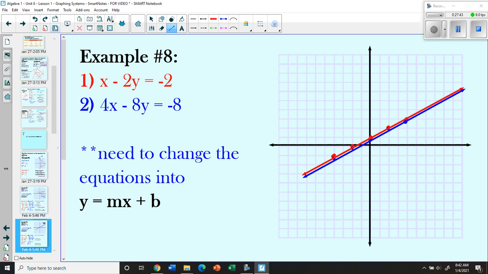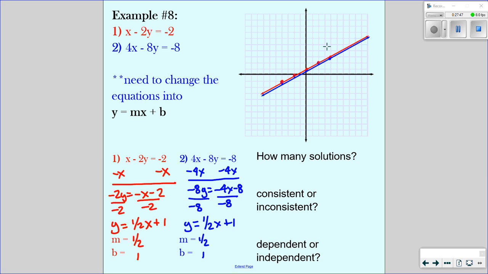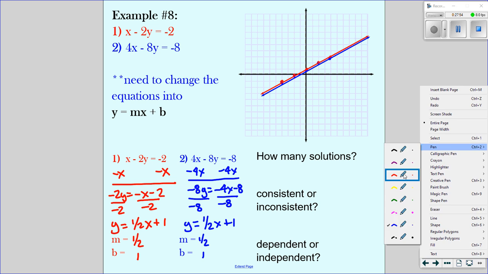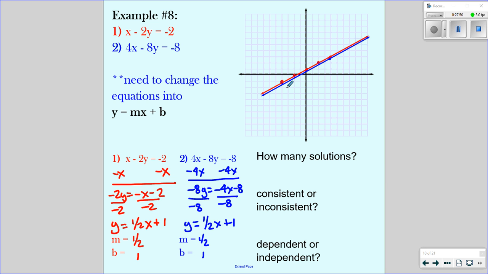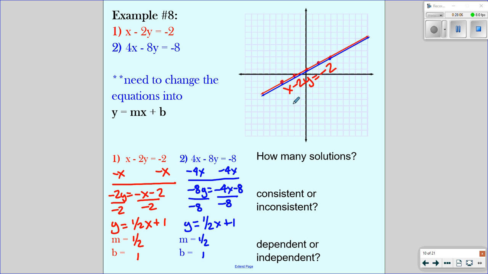I'm just showing you how they're going to be on top of each other, that it's both lines. So again, I'm just going to label it. So this one is x minus 2y equals negative 2, and the other one is 4x minus 8y equals negative 8.